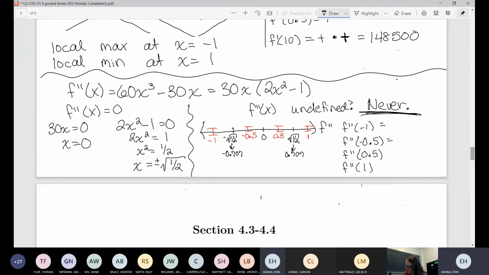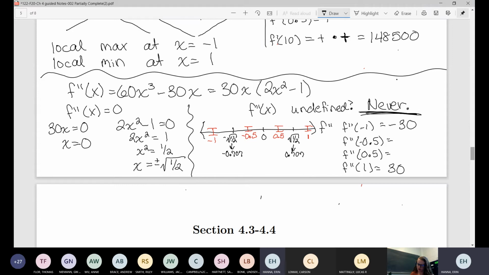Let's just not be lazy and I'll write down the number. So we have 60 times negative 1 cubed minus 30 times negative 1, which will give us negative 30. If I plug in positive 1, jumping down a little bit, we're going to get positive 30.